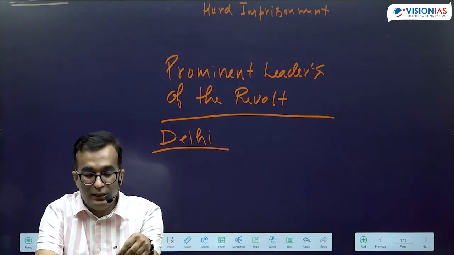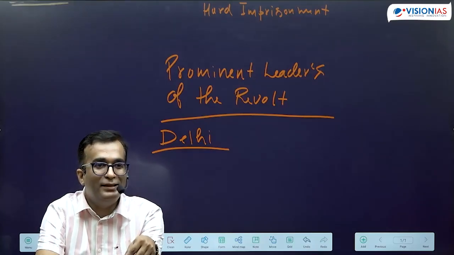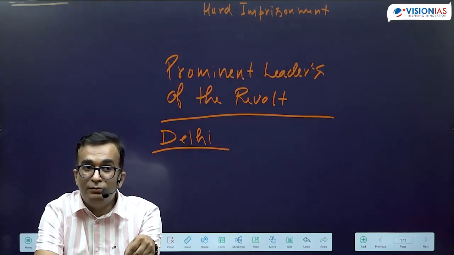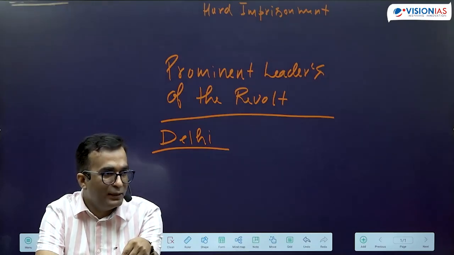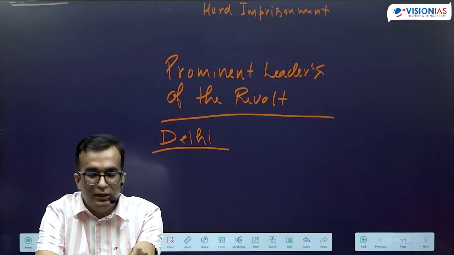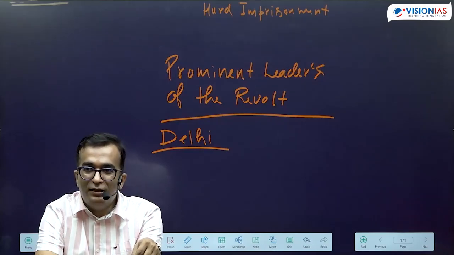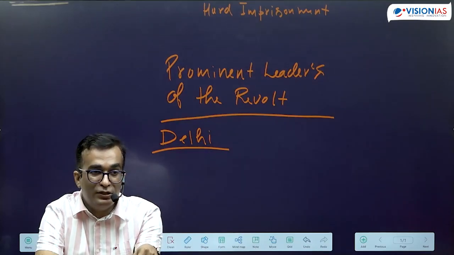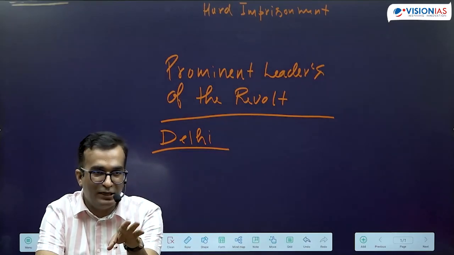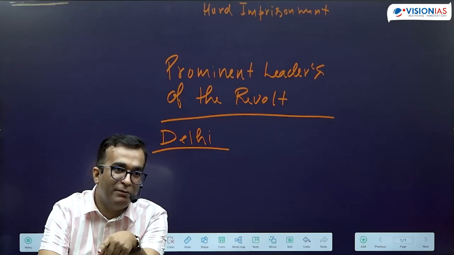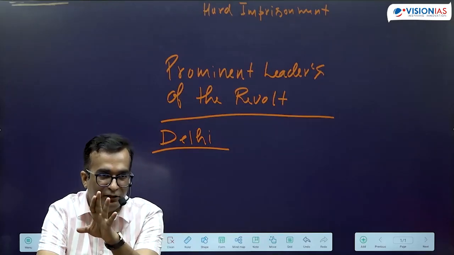But he pleaded that this punishment must not be given to his three sons who were captured, as they had no role in it. So the British authority said that we can assure you of whatever treatment would be given to you, but what treatment will be given to your sons, don't ask for it. Okay?